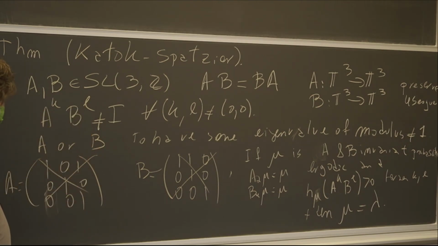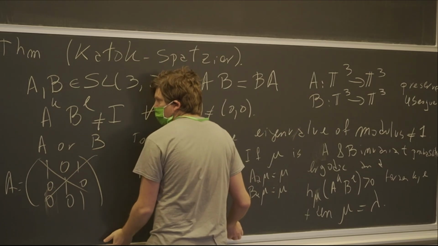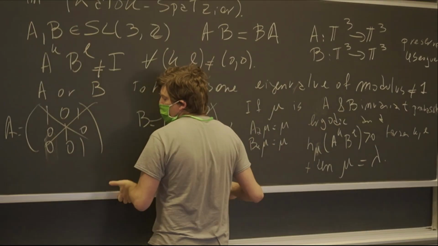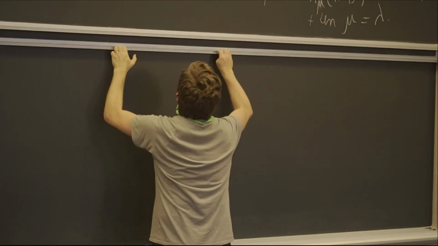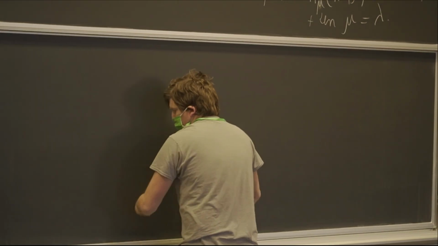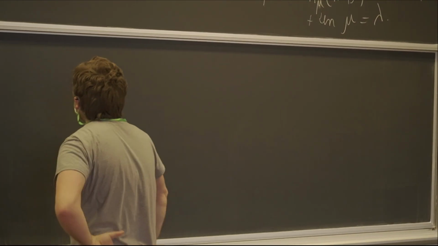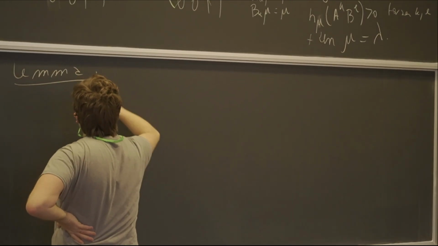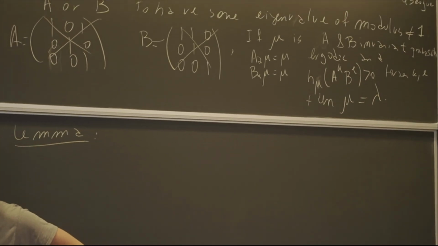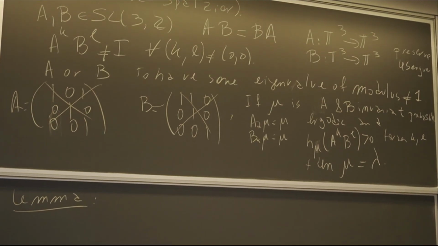So if you can get rid of this positive entropy assumption and get the full Furstenberg problem in either situation, you really won. So we're going to prove this theorem, the Katok-Spatzier theorem, and for this we need to develop a little bit the theory and explain what we really care about A and B. So the first lemma is really nice. I will let you do it by yourself, so I leave it as an exercise. It's really fun. Okay?